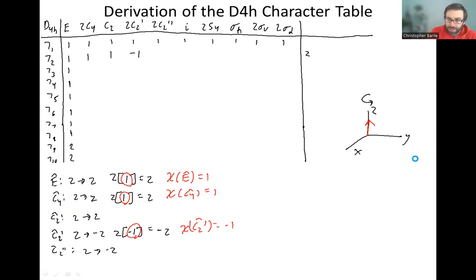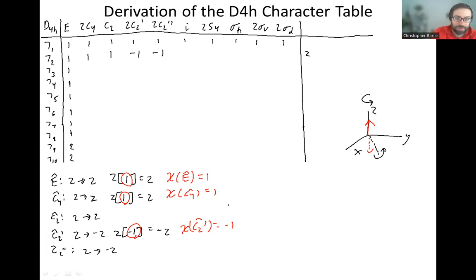So the axis that we're rotating along looks like this, but we're rotating 180 degrees there. Still the same thing, it's going to flip. We're rotating perpendicular to it, rotating something in the xy plane. So z is going to go into negative z, and so we're going to get the negative of that. For the same reason, we get a chi of -1. I'm not going to rewrite it there.